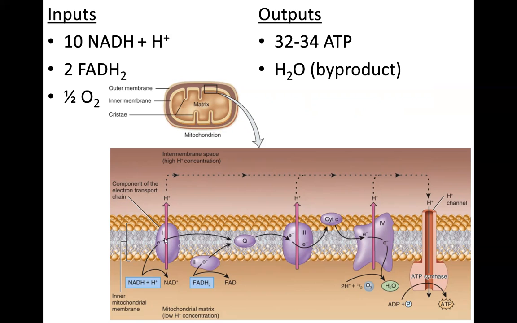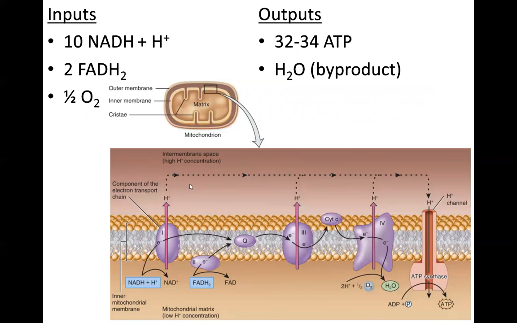And as you can see, that electron is just going to get channeled from protein to protein. Eventually, oxygen accepts it. And while that takes place, we're also going to move hydrogens into what's called the intermembrane space, which is the space between the 2 membranes. Remember, inter means what?